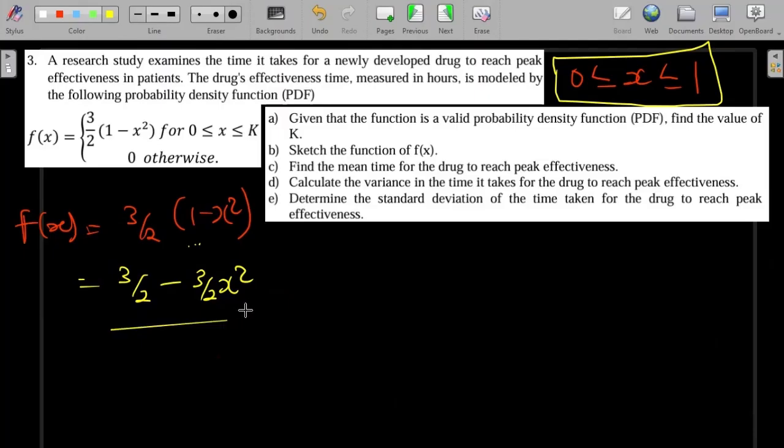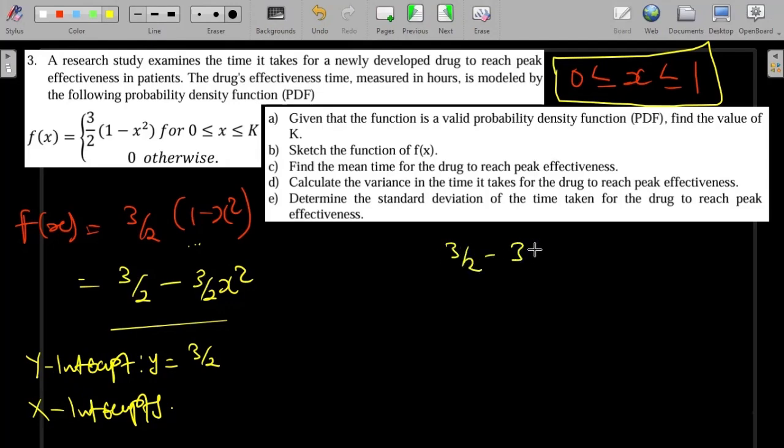So how do you sketch a quadratic equation? You find the y-intercept. So the y-intercept is the term that does not have any x here. We can see it is 3 over 2. Then we find the x-intercepts. So how do you find the x-intercepts? You equate this equation to 0. So if we do that, we're going to get 3 over 2 minus 3 over 2 x squared is equals to 0.